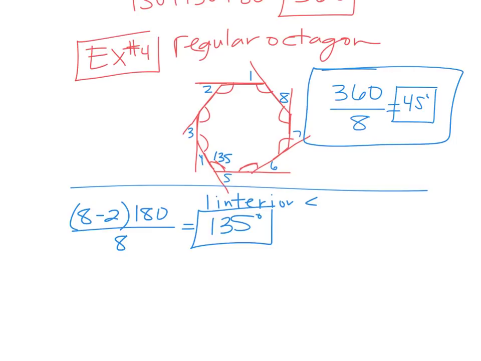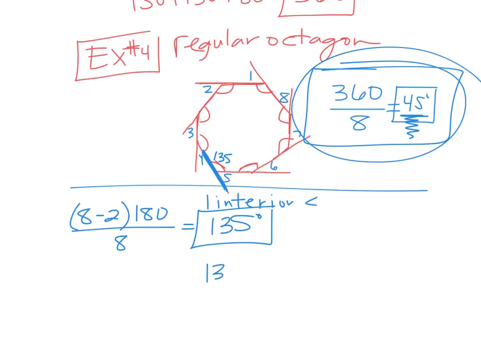How does that help us get the exterior? Right, subtract 180 minus 135 because this makes a straight line. 180 minus 135 is, what do you know, 45 degrees. Okay, so there are 2 ways to get there. This one is quicker because you're just doing 360 divided by the number of exterior angles that you have. But if you forget it, 135 from 180 will give you that 45 degrees as well.